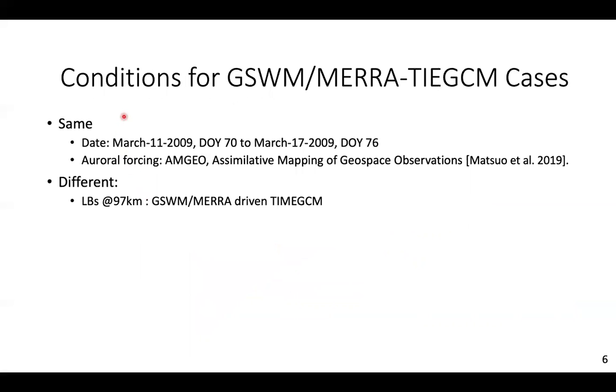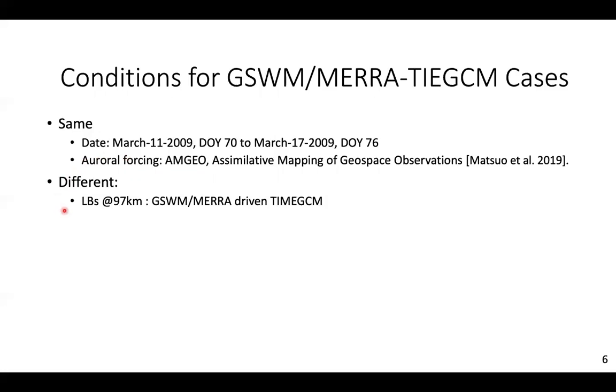And here are the conditions for the GSWM case and the MERRA case. The same parts are the model date. We simulate a week of model output from March 11 to March 17, 2009, at solar minimum condition. The aurora forcing is from AMGeO, the assimilative mapping of geospace observations.